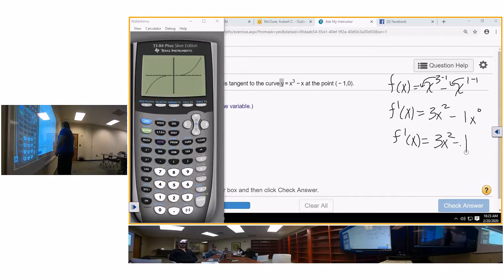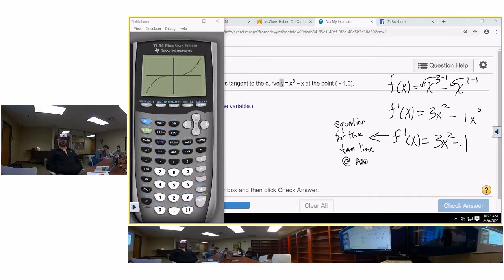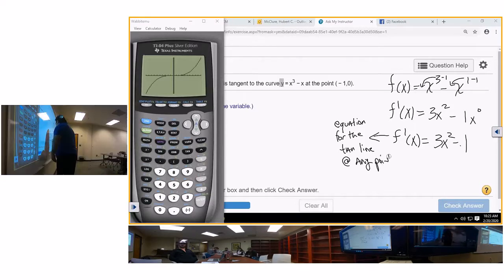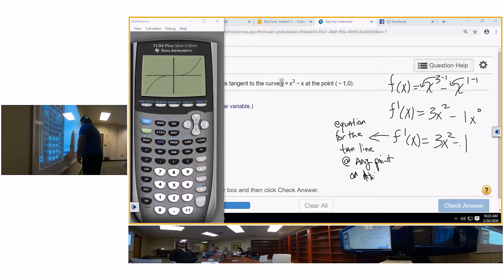That is the equation, and we're going to write that out here. The equation for the tangent line at any point on a curve, on this curve.